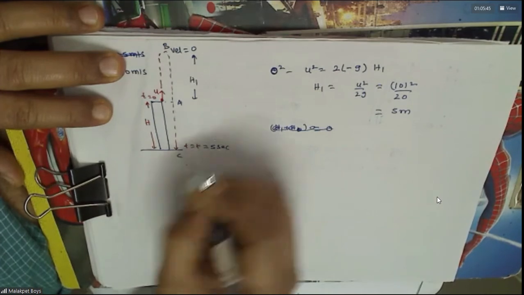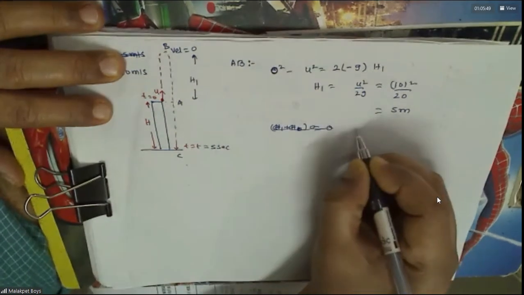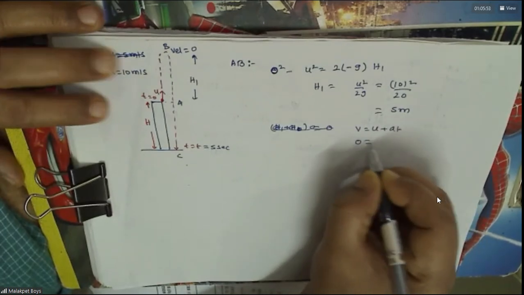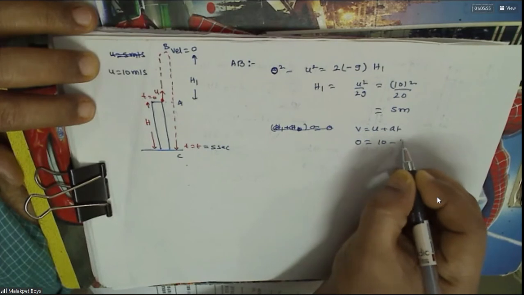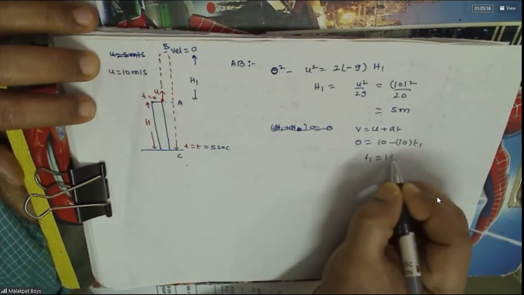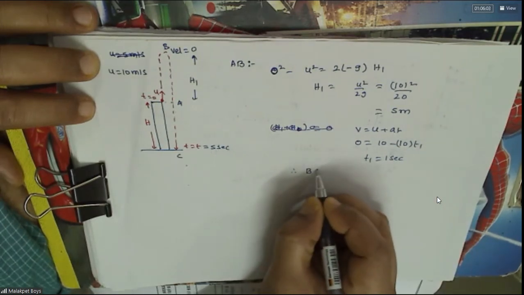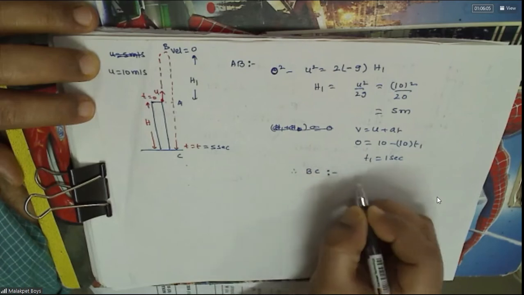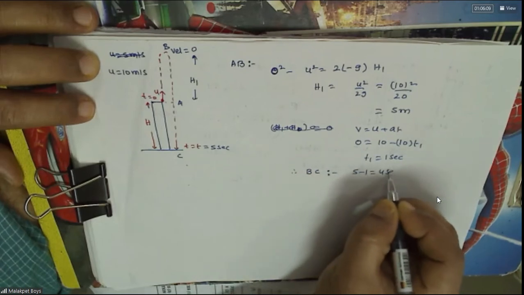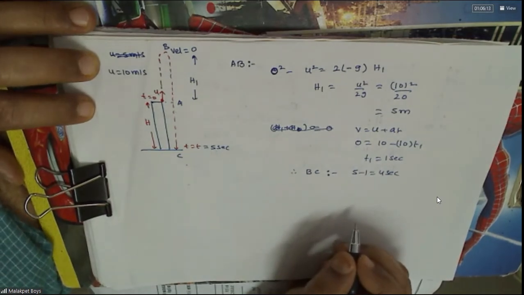This is the journey from A to B. From A to B, you have V equals u plus at, 0 equals 10 minus G into T1. So T1 is 1 second. Therefore, what is the time for BC? Total time is 5 minus 1. How much does it come to? 4 seconds. Remember?